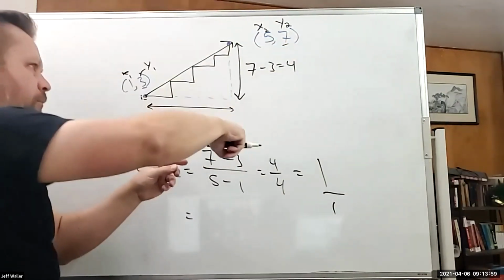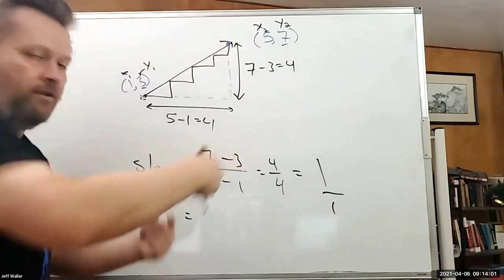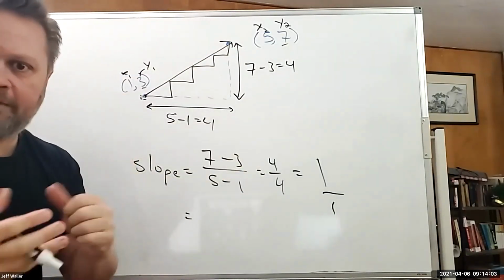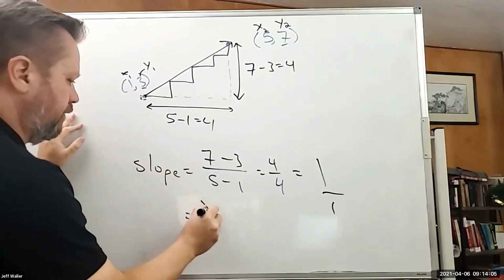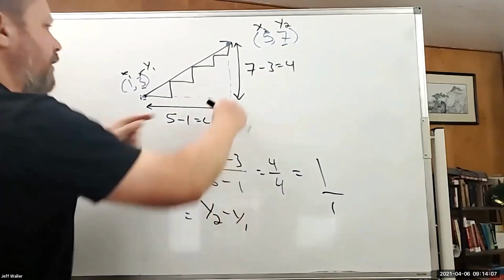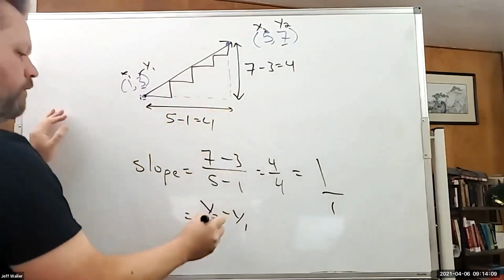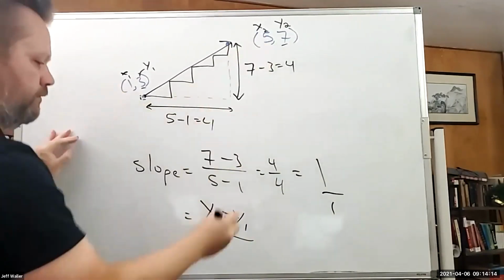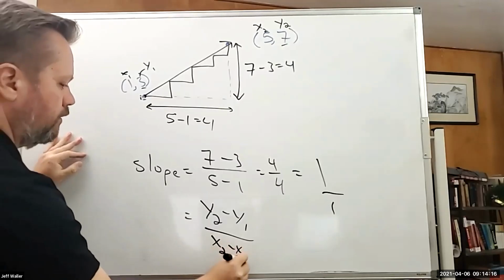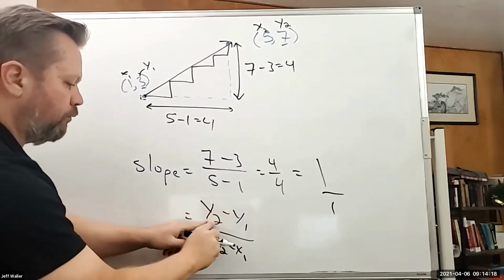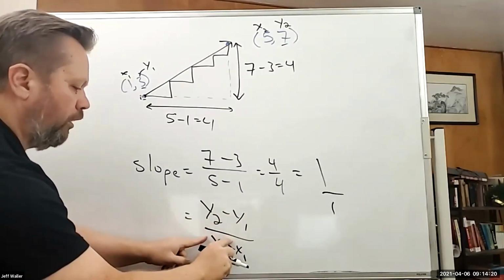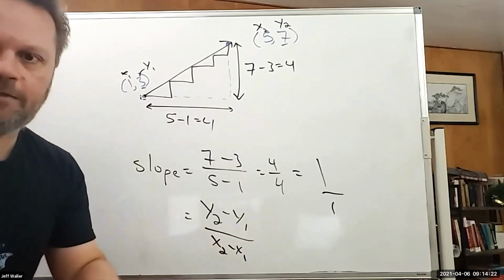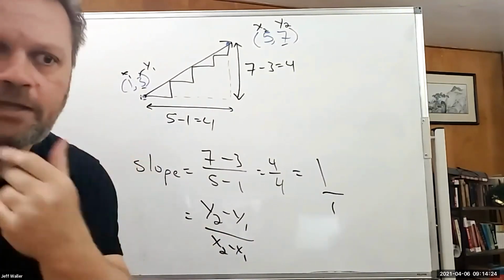That will tell me how much it rose or fell if it's negative. So I take the difference in the Y values, divided by the difference in the X values. So this is really how much the Y's changed per how much the X's changed. That's a rate of change.